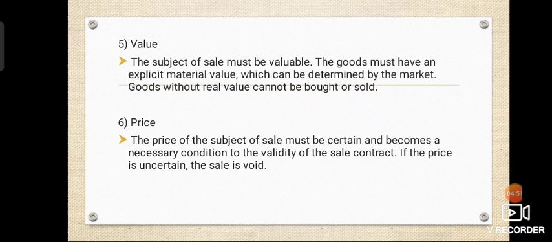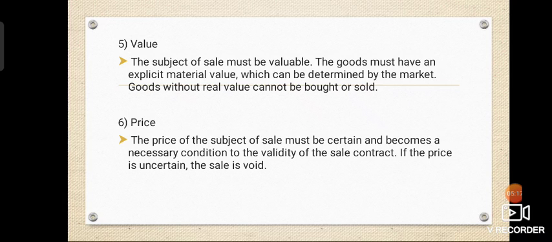Five is the value. Value here means the subject of sale must be valuable. The goods must have an explicit material value which can be determined by the market. Goods without real value cannot be bought or sold. The goods sold must have a material value set by the seller in the market.